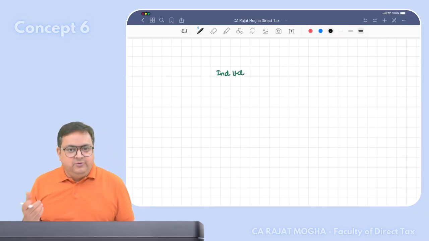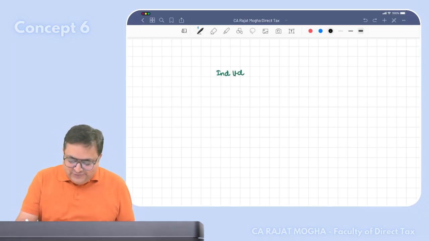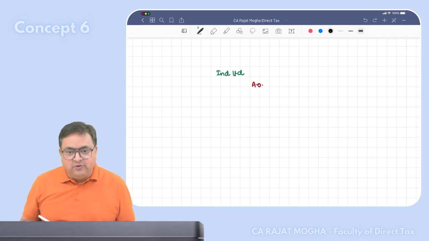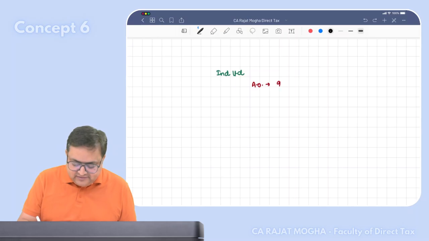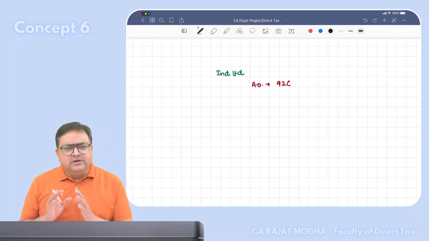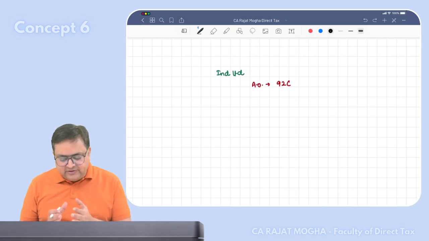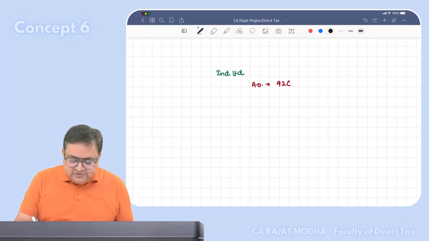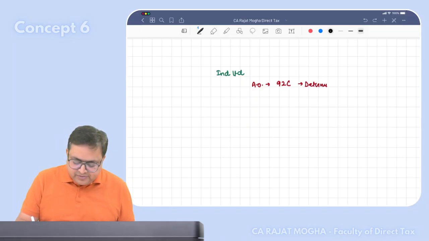So the assessing officer can assess their income, and under section 92C, you don't have to remember the section number, but it is 92C subsection 3, the assessing officer can actually determine your ALP.